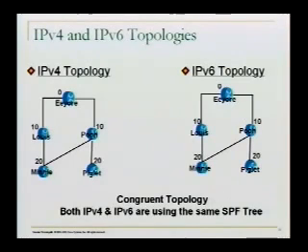If you have a congruent topology and you are running multi-topology, obviously it will be the same, because nothing has changed to differentiate between IPv4 and IPv6, so they pick up the same topology, the shortest path from EOR.